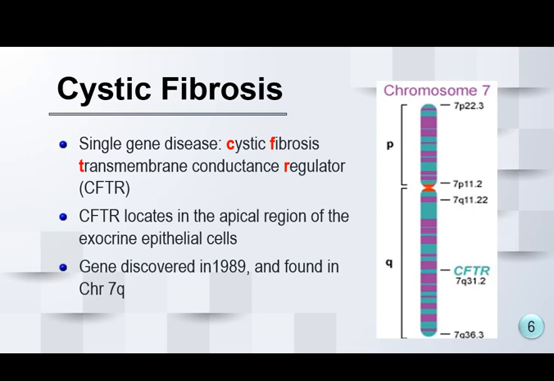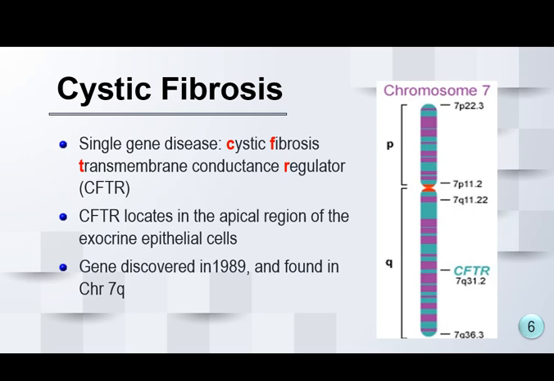And the gene is located on chromosome 7q31.2. This is the ideogram. Do you know what an ideogram is? It's a cartoon structure of your chromosome. You will have banding, which is a result of a specific stain on your DNA, your chromosome.